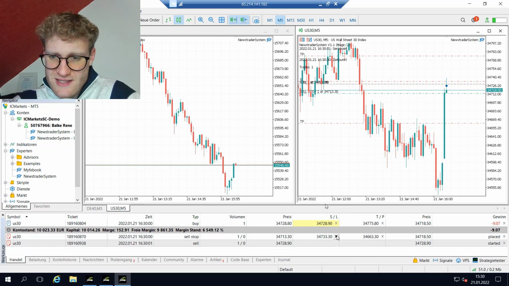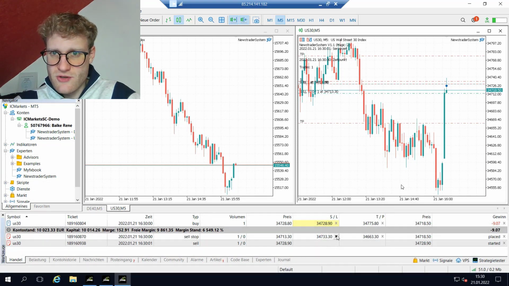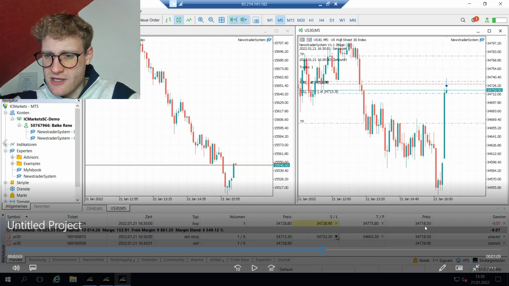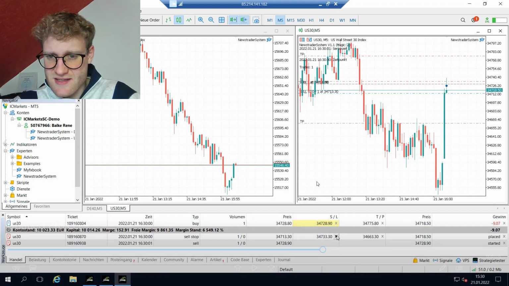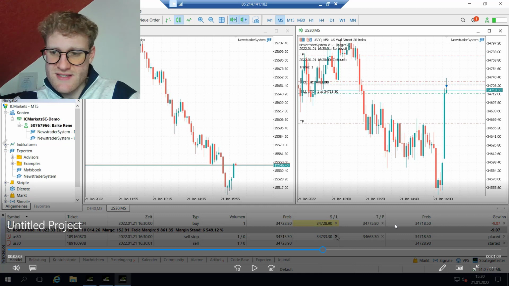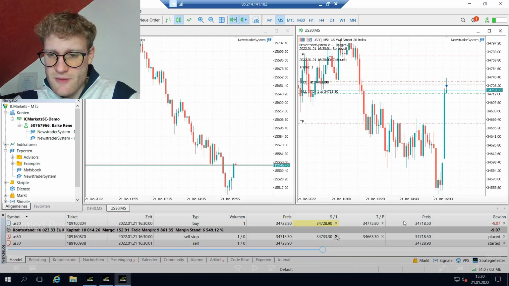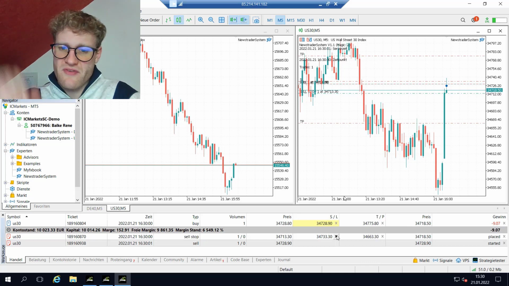As you can see here, the current price in the US30 is at 718, just the last three numbers of the price, and the stop loss is at 728. So we are nearly 10 points below the stop loss price. This is why we lose money on this trade, even though the stop loss is already above the entry price.